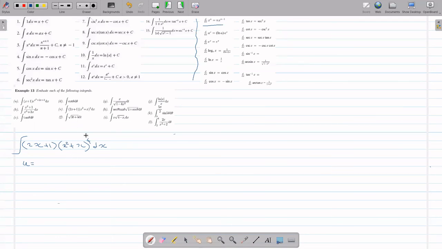Okay, here what is the outside function? This x to the 4 is the outside function, and this is going to be the inside function. So u is this inside function, x squared plus x. There is another rule that helps.